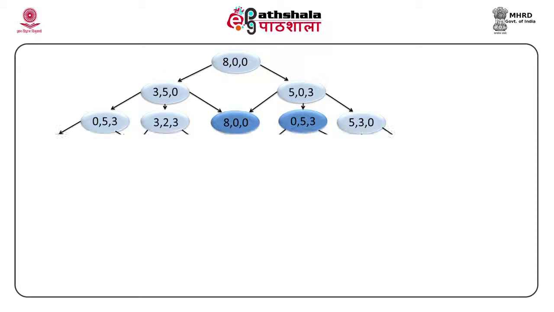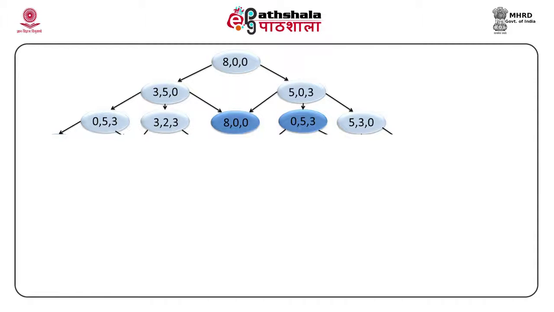Now the second level of the tree, 350 can be converted to 053. What does that mean? I am moving 3 gallons of milk from the 8 gallon jug into the 3 gallon jug, and 323, moving 3 gallons of milk from the 5 gallon jug into the 3 gallon jug. And the third one, 800, is something which is already generated. We have already seen that this is something which we would like to avoid. It is a cycle.